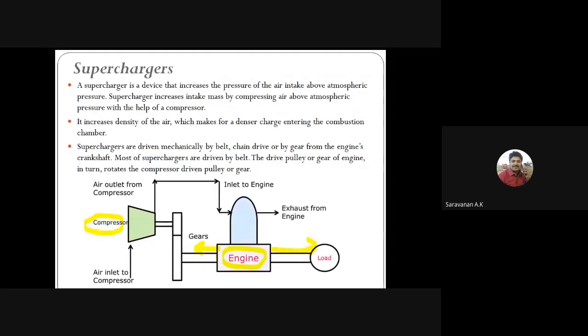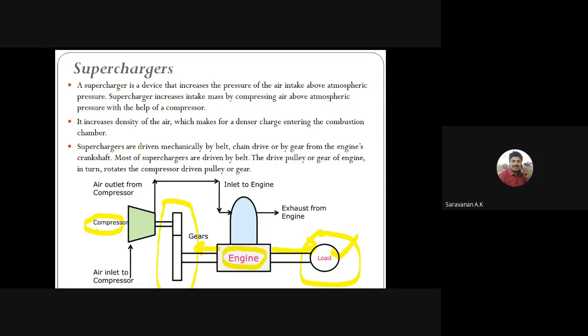Here the load, and here the thermal efficiency will be calculated. We can utilize some power to run these drives, so these drives will be driven by the engine.